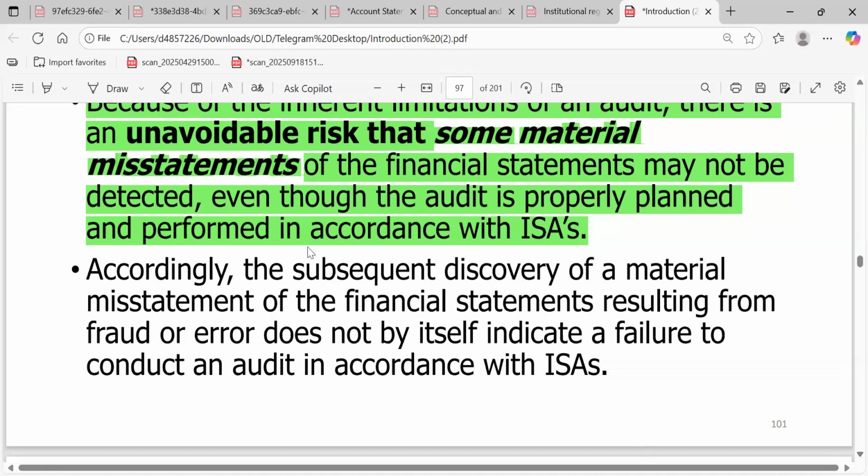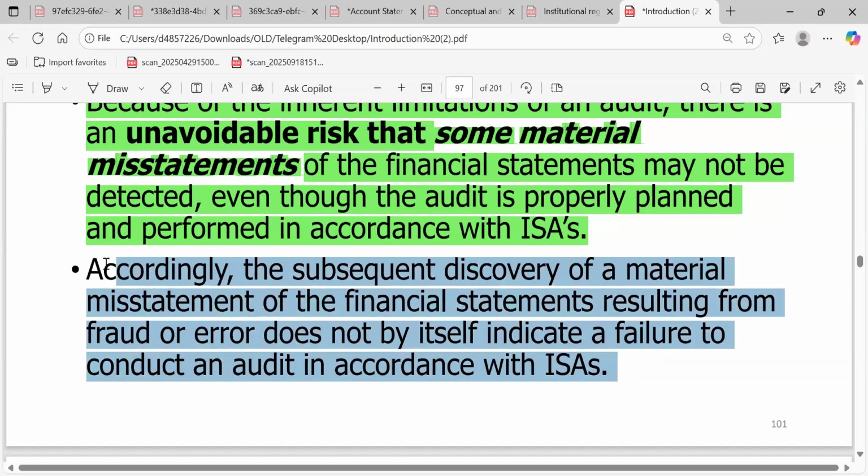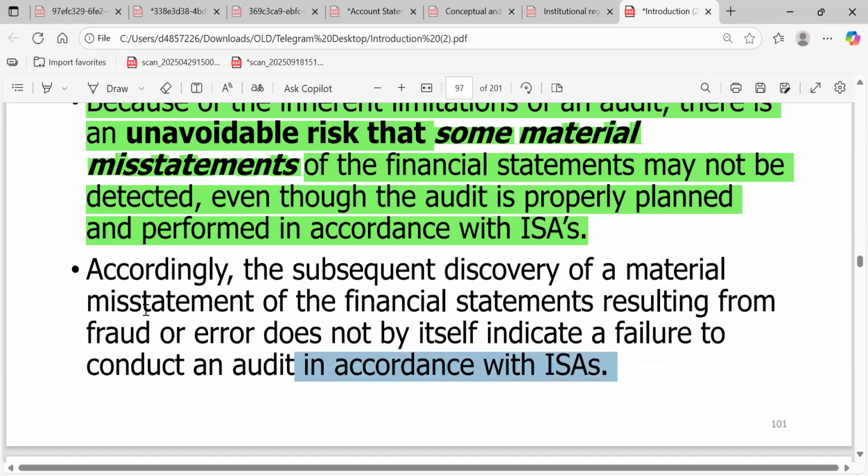So we say, accordingly, the subsequent discovery of a material misstatement of the financial statement resulting from fraud or error does not by itself indicate a failure to conduct an audit in accordance with ISA.